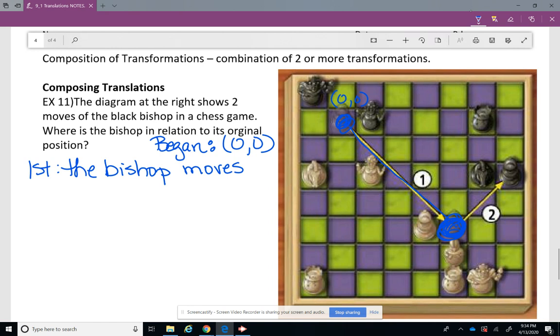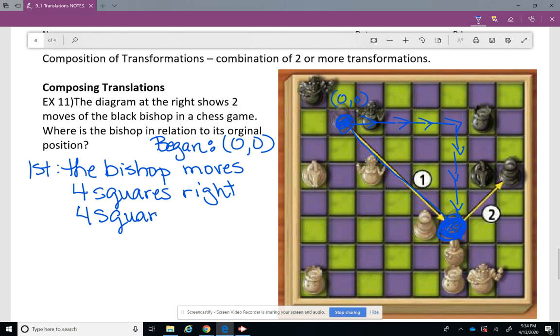You want to describe the move, tell me where he moved the X way and where he moved the Y way. So that's 1, 2, 3, 4. So he went 4 squares right. All right, and then 1, 2, 3, 4. Okay, he went 4 squares down. So that would look kind of like this.